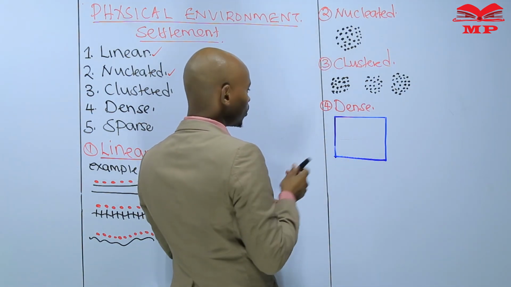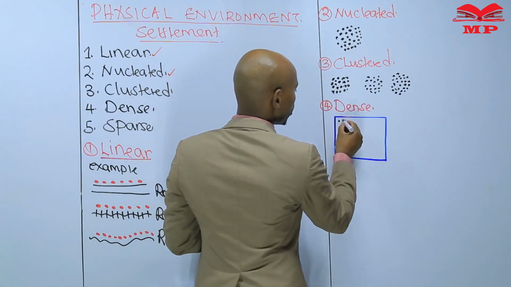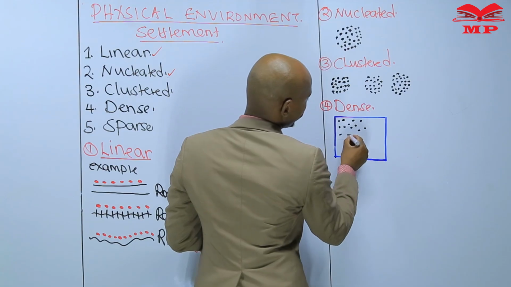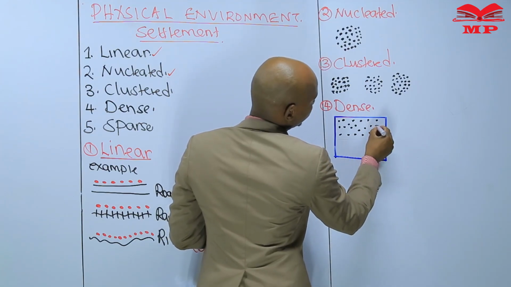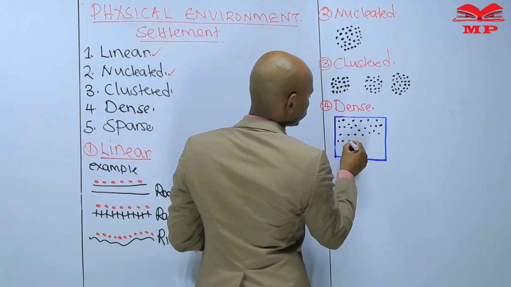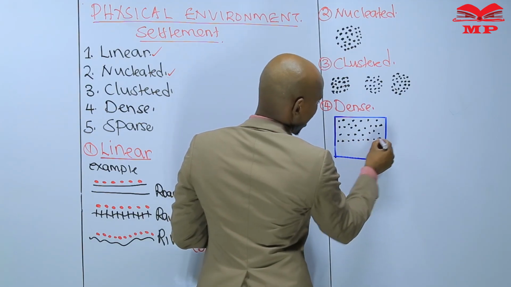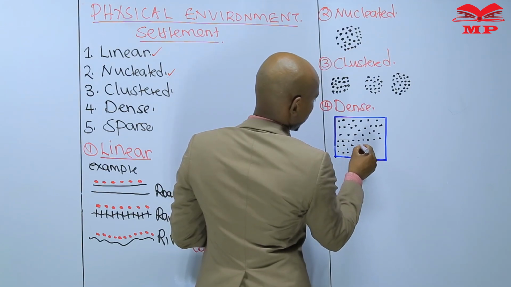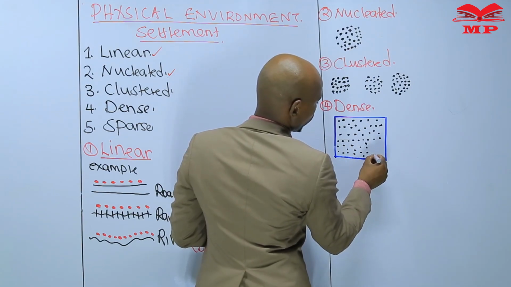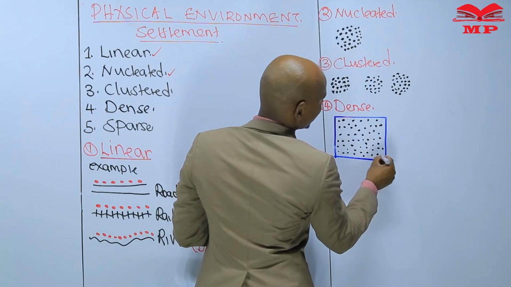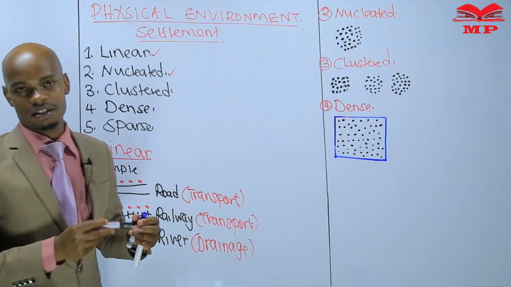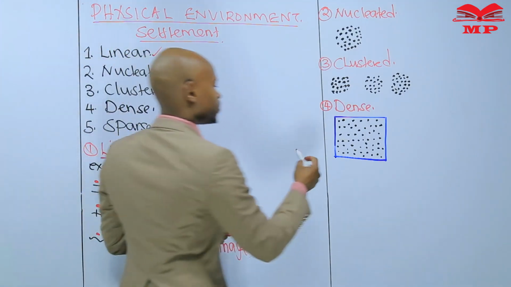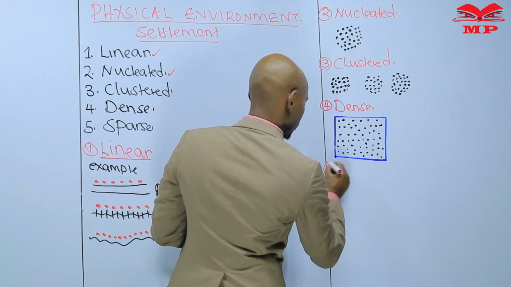We have people occupying almost everywhere in the map. There are so many people, like in urban areas, where we have people literally everywhere. That's a dense pattern. We have finally number five, sparse.